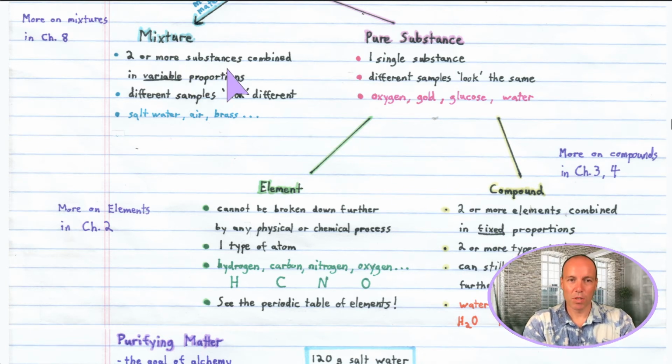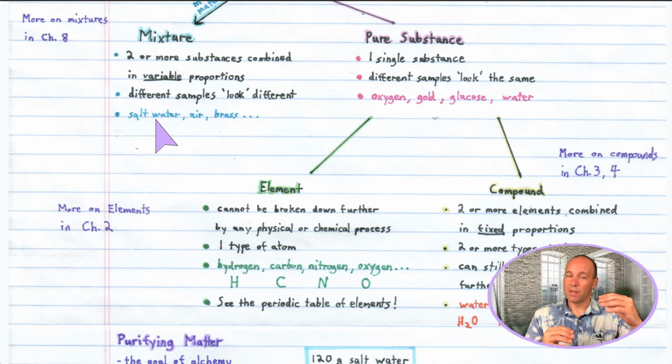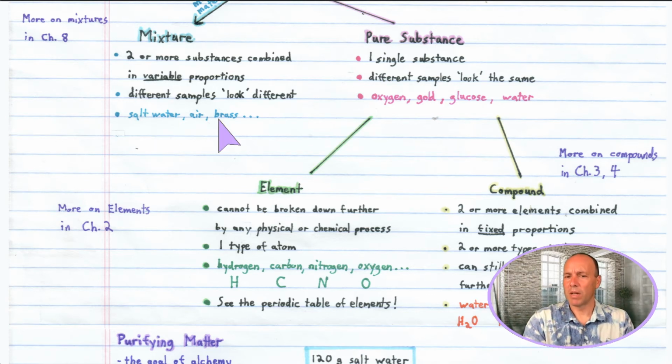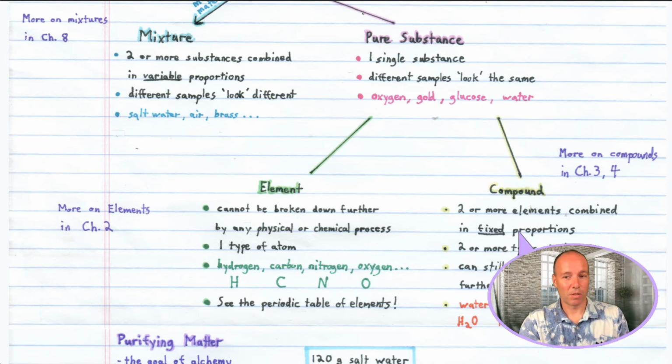Mixtures are two or more substances combined in variable proportions. With salt water, you might have a lot of salt and a little bit of water, or a little bit of salt and a lot of water. But a compound is a single substance which is made of two or more elements combined in fixed proportions.